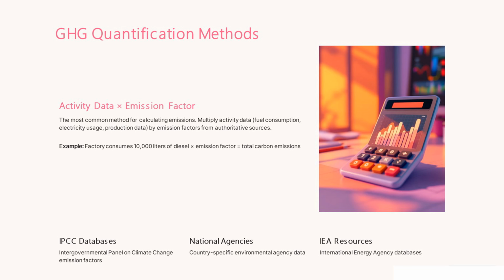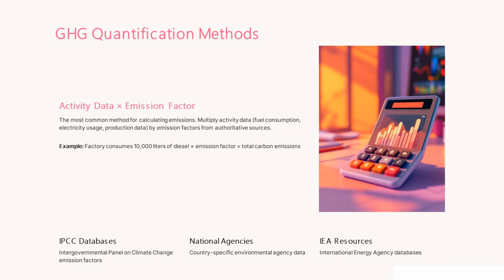GHG quantification methods. To calculate emission, ISO 14064 recommends several quantification methods. The most common method is the activity data multiplied by the emission factor approach. For example, if a factory consumes 10,000 liters of diesel and the emission factor for diesel combustion is known, the total carbon emission can be calculated.